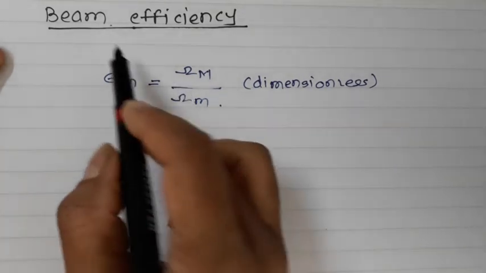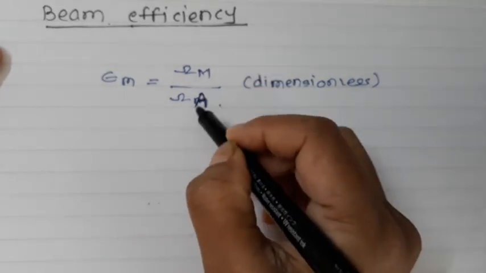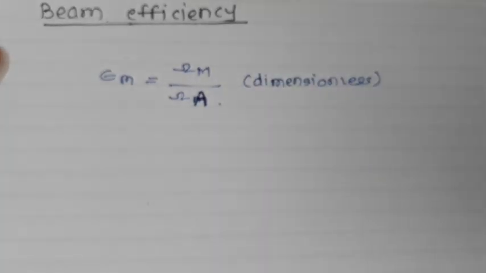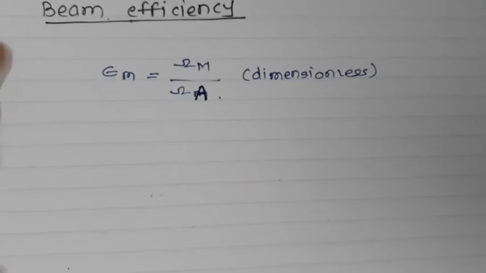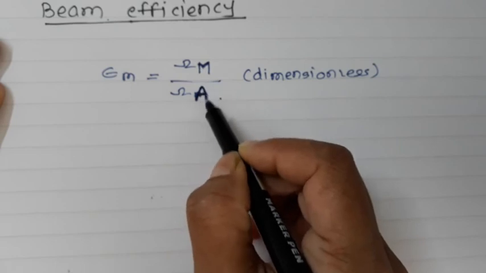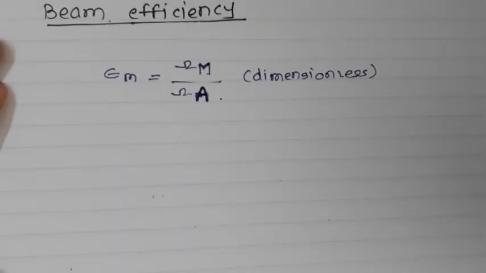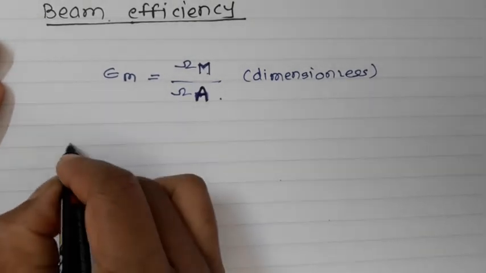Sorry, so beam efficiency here is nothing but the main lobe beam area divided by the total beam area. So here I have corrected, this is the major lobe beam area over the total beam area. Now, how are you going to calculate the stray factor?